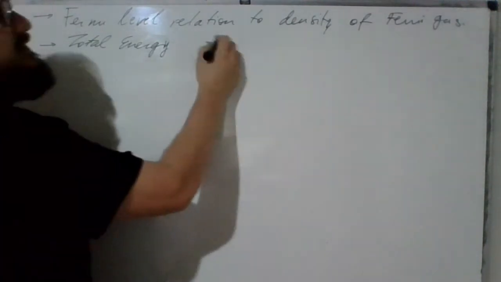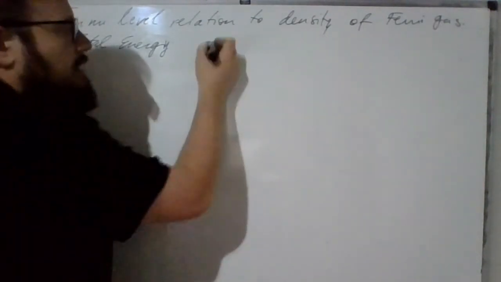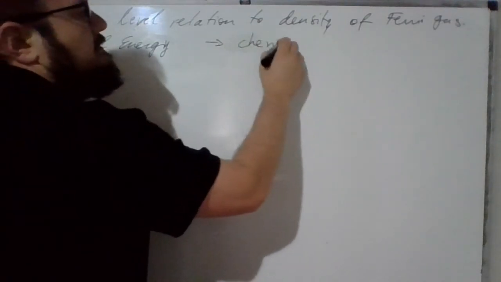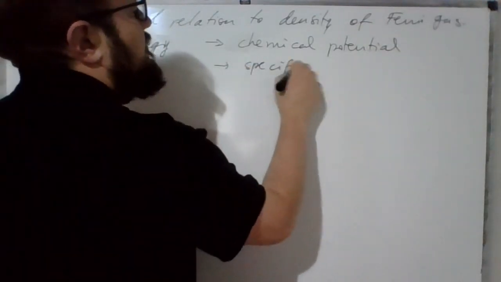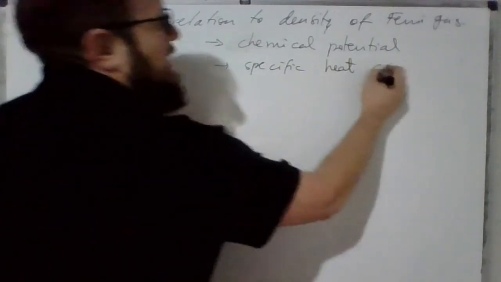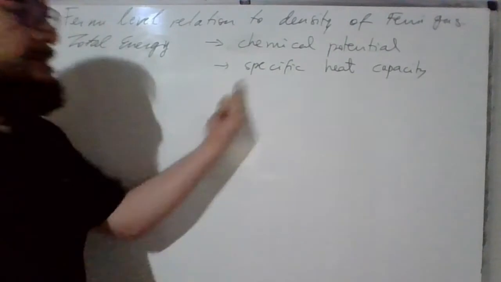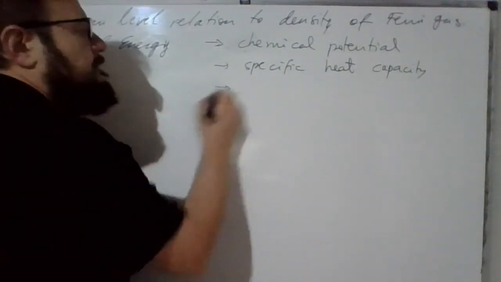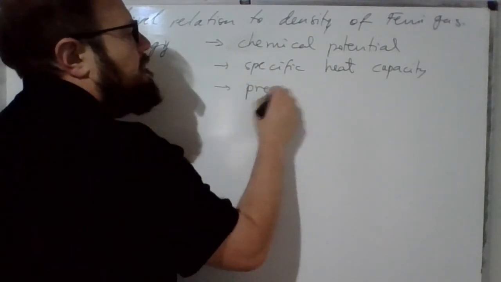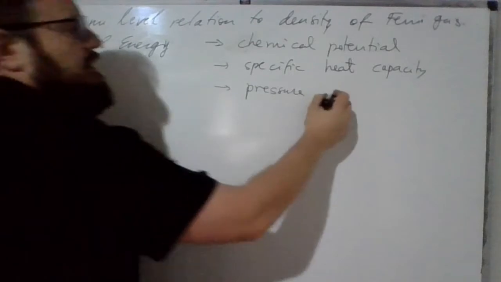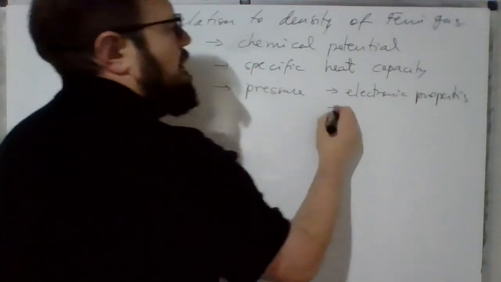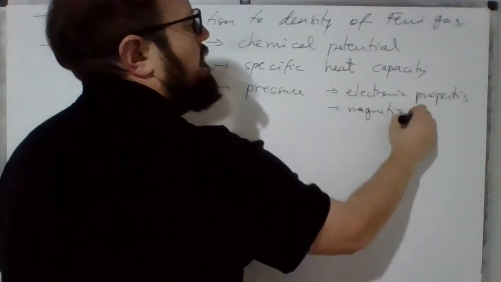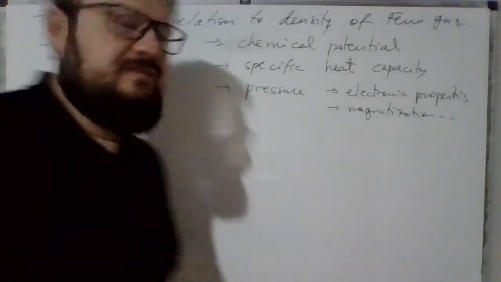We want to calculate the chemical potential, the specific heat capacity, or for short, specific heat, and the pressure, the gas pressure, electronic properties, magnetization, okay, using the approximation of a gas, right?